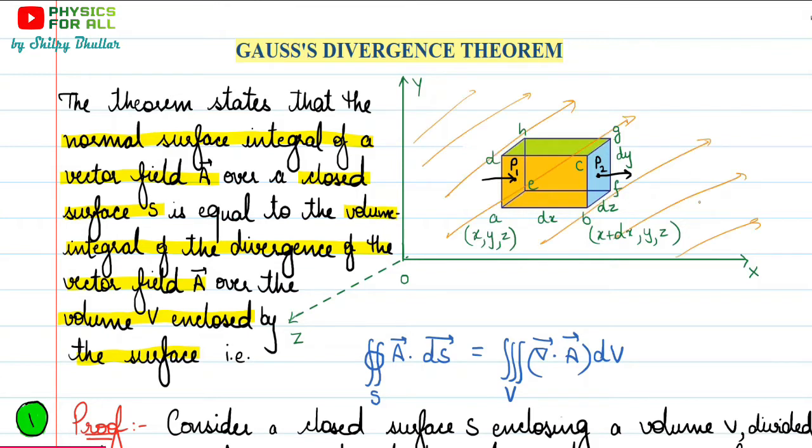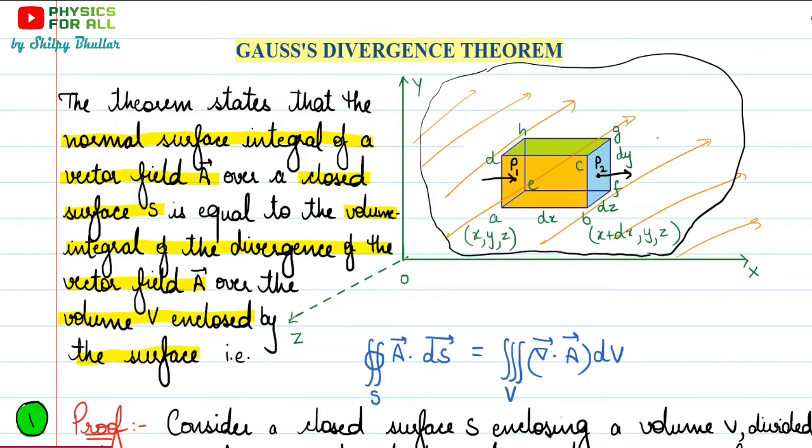See, I have shown the vector fields by orange arrows. So it is spread over the entire region. And then we are considering some closed surface in this region, which is enclosing some volume. And that volume is V. This whole surface S is enclosing some volume V.